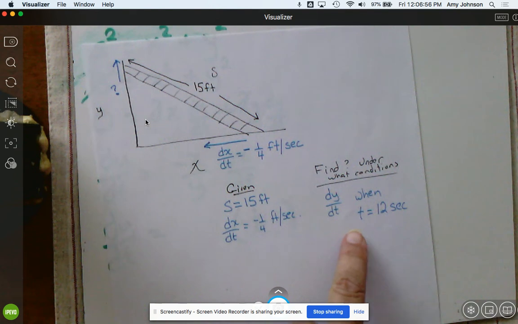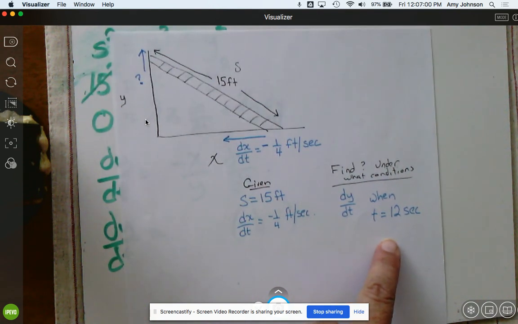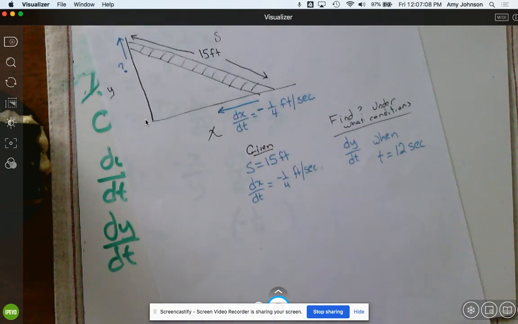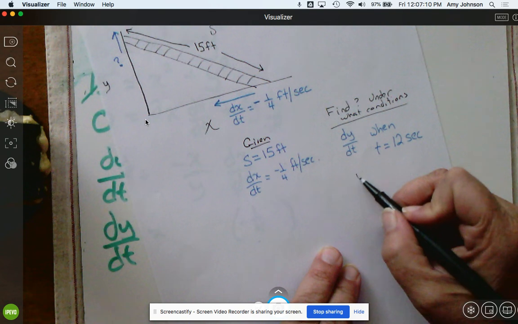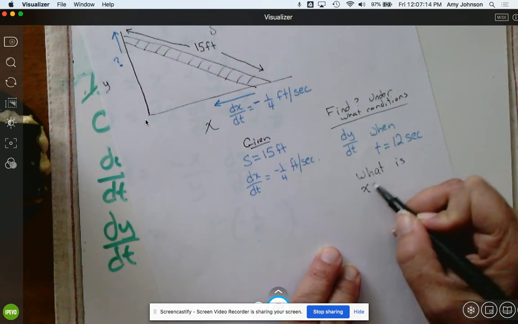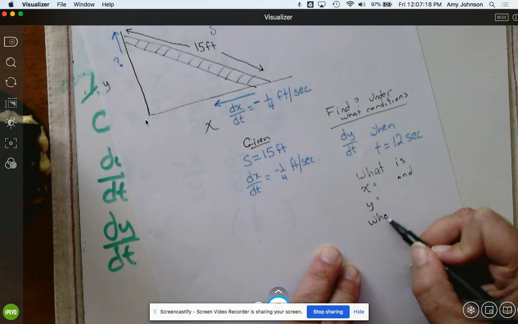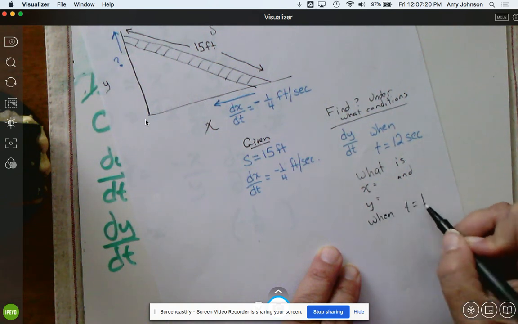Well, now it's time to look at these other conditions. They told us that we're supposed to find this when t equals 12 seconds. So another question we have to answer is, what are x and y when t equals 12 seconds?